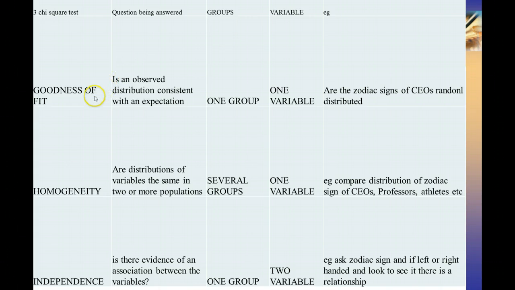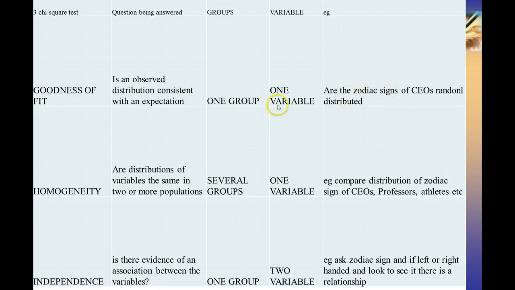In the case of a goodness of fit test, you're looking at an observed distribution and wanting to see if it's consistent with an expectation. For instance, if you expect that the zodiac signs are randomly distributed, then if you have a bunch of CEOs, you would expect even amounts in all 12 zodiac signs.